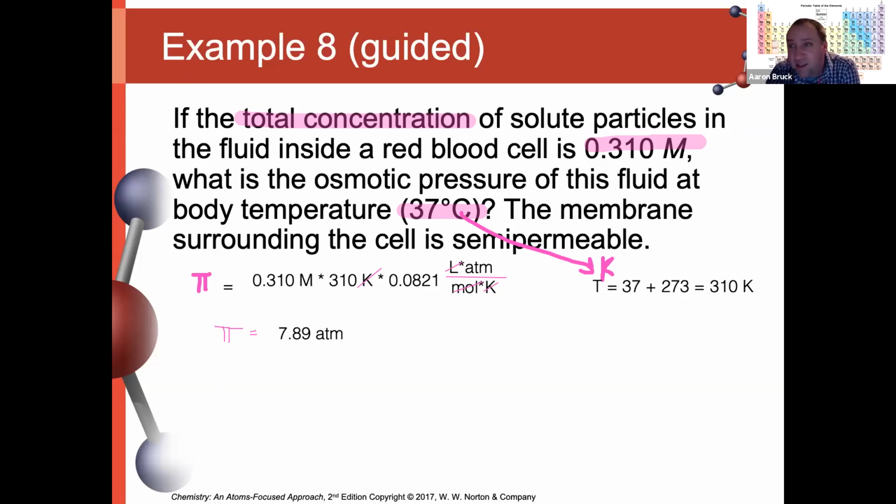Now, if I did this using the 62.36 number, so just stay with me for a second, 0.310 times 310 times 62.36, the number I would have gotten, which is perfectly viable, is 5,990 millimeters of mercury, or 5,990 torr. So you could have done them this way.